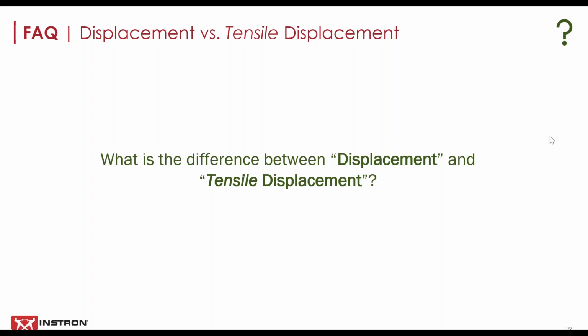Okay, so the first FAQ involves confusion around two available measurements that sound very similar: displacement and tensile displacement. Displacement is always linked to the crosshead's position and movement during a test.